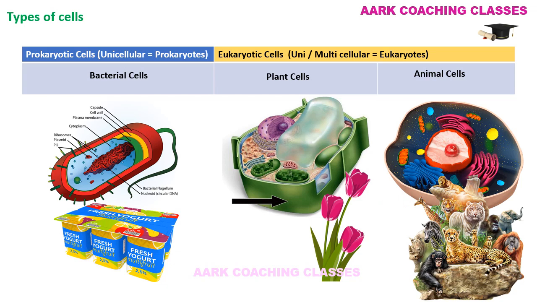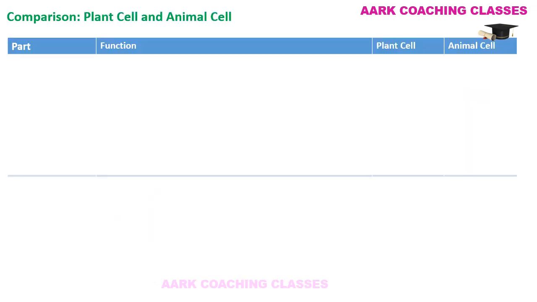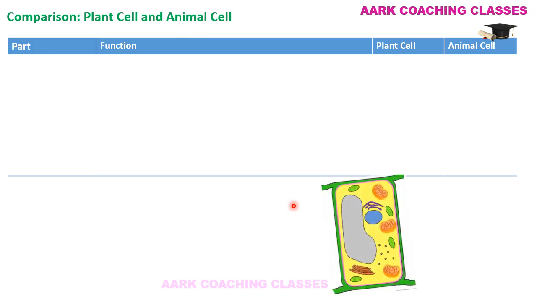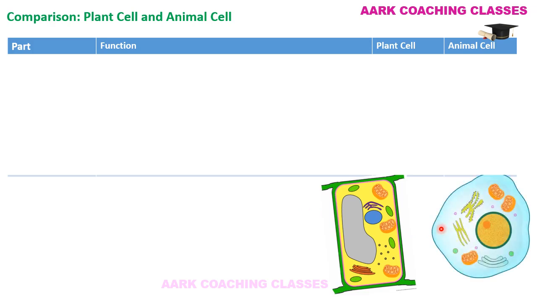Alright, now let's go to our comparison. Comparison between plant cells and animal cells. We'll compare them based on which kind of parts are present in plant cells and animal cells. These are the simplified diagrams of plant cells and animal cells.